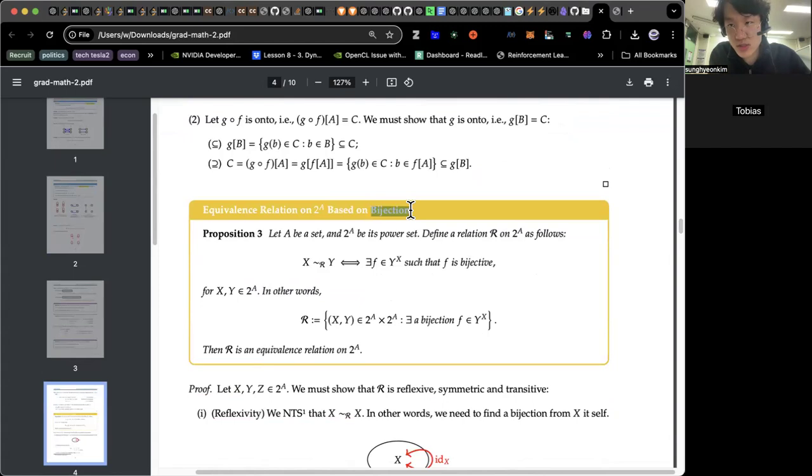And bijection is which satisfies both surjectivity and injectivity.